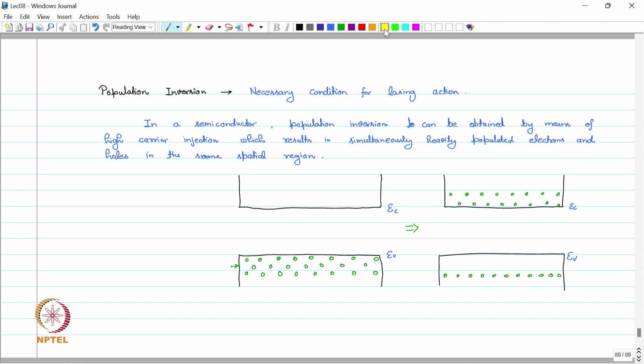So if we can see the whole of this area, this whole population actually has migrated to the top, which is here.